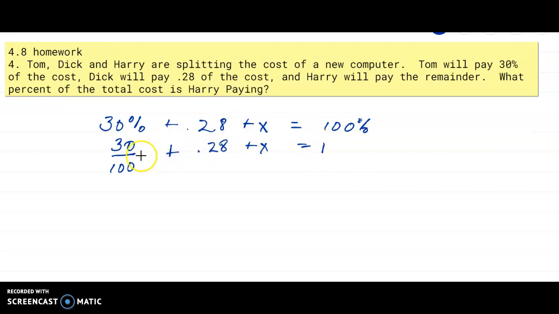And because I know I'm working with decimals here that are less than 1, I know I'm going to need to have some zeros here to work with. Okay. So I know 30%, if I remember my place value, that's going to equal 0.30 plus 0.28 plus x equals 1.00.